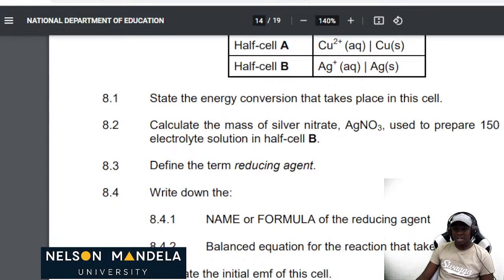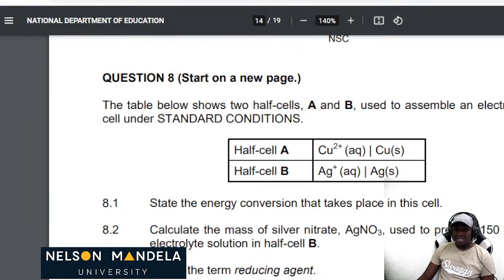When we're talking about the reducing agent, we say that it's the substance that is oxidized. So what is the reducing agent? According to what we are seeing here, it's copper. Copper is our reducing agent. Someone can just say Cu is our reducing agent. It's a substance that is oxidized, or you can say that it's the substance that loses electrons.